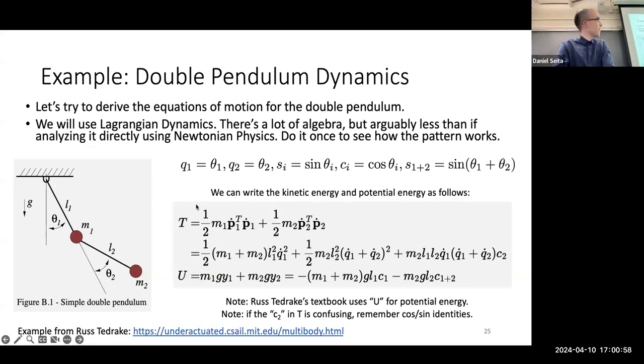Right. I think that comes from how kinetic energy is normally described for a system. Kinetic energy would be the sum of the different components of it.